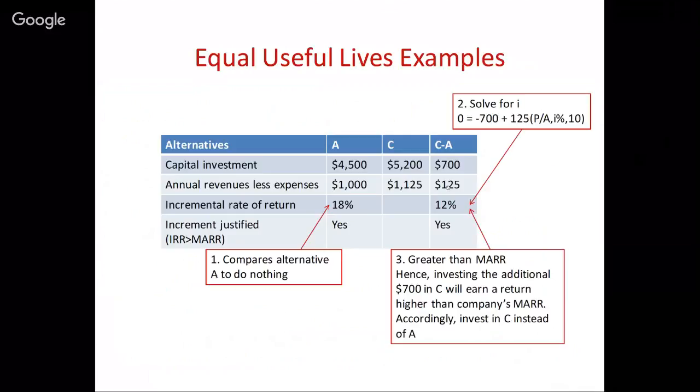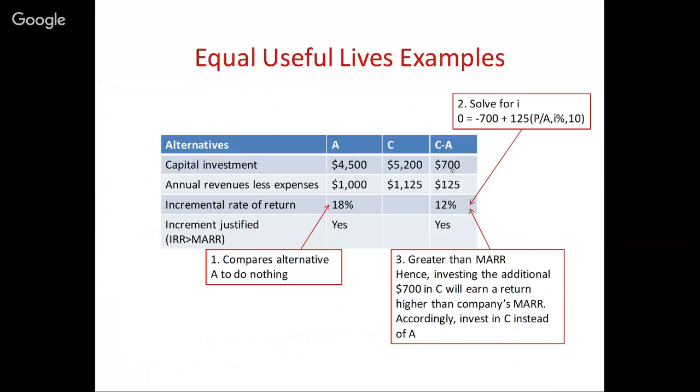Invest it at the MEAR of 10% or move from A to C and invest it to earn 12%? So we calculate this internal rate of return, and the internal rate of return is 12%. That means we're earning 12%, rounded to an integer, on our investment of the extra $700.